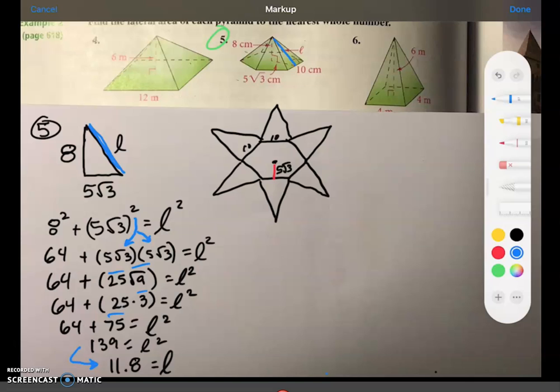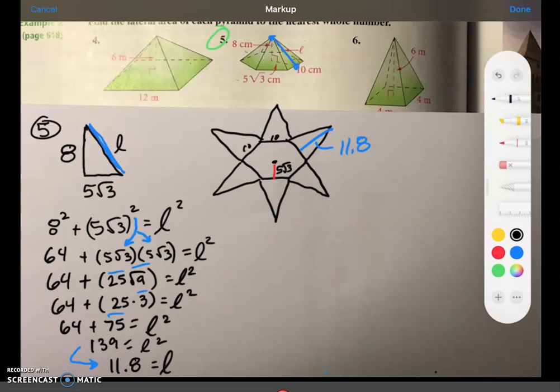So once I draw the net, from the highest point straight down to the base, this here is 11.8, the slant height. When you open up the net, it's also basically the height of each one of these little baby triangles, and there's 6 of them because this is a hexagonal base.